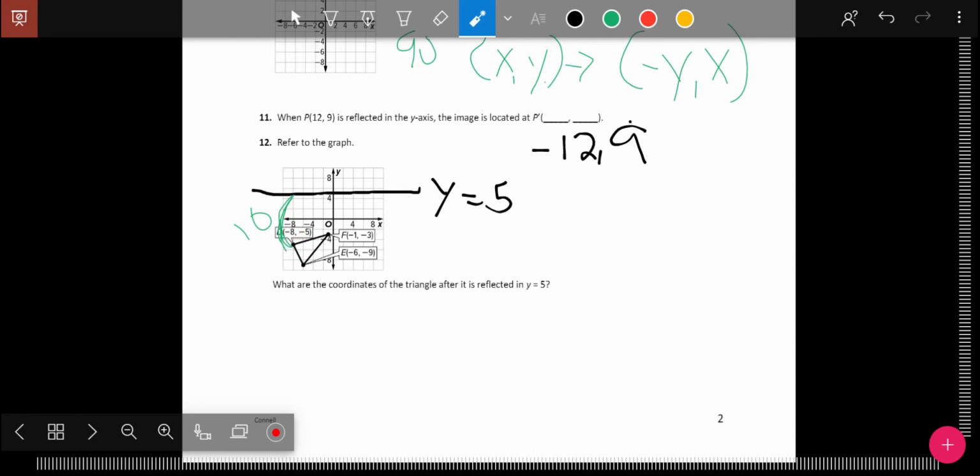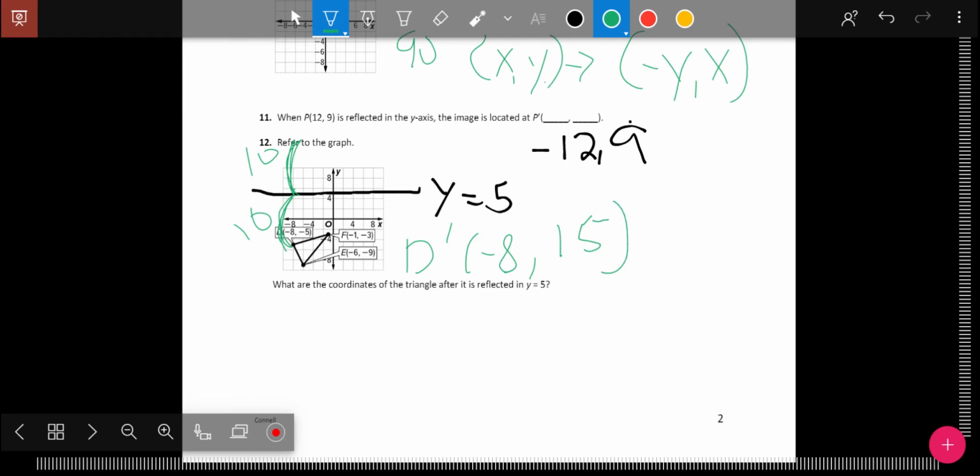And so if I go 10 higher, my new point will be way up here, right? The x didn't change. So for D, the x is still negative 8. 10 higher than 5 is going to make the y 15.